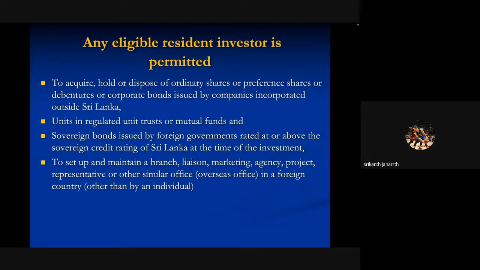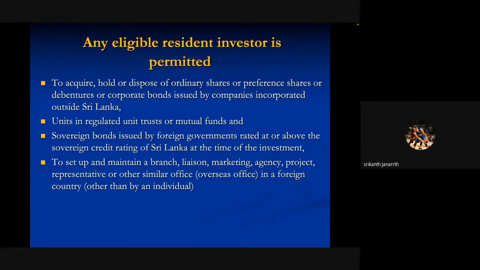Any eligible resident investor is permitted. You know what types of permitted investments there are: to acquire shares, ordinary, preference share, debenture, corporate bonds. I think we learned that in the previous class. Units regulated. So I can go speedily because you already know sovereign bonds. We learned that in tabulated form. I showed you all this.